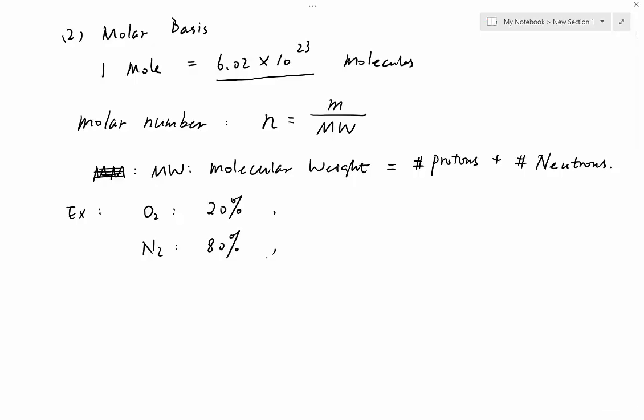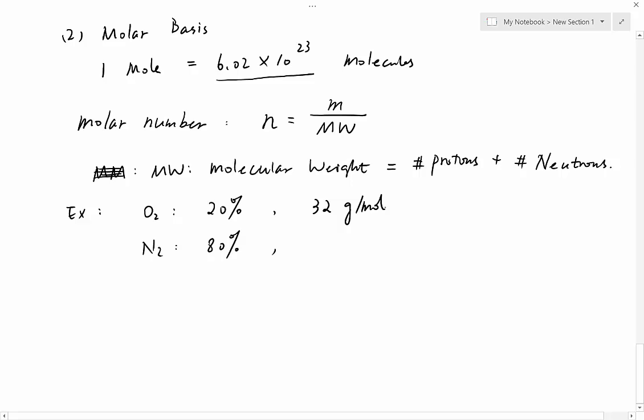However, for oxygen, how many O's do you have? You have 2 of them. So 16 multiplied by 2, that is 32. And don't forget, molecular weight has a unit. The unit is gram per mole. And then you can do the same thing for nitrogen. What is the molecular weight for nitrogen?